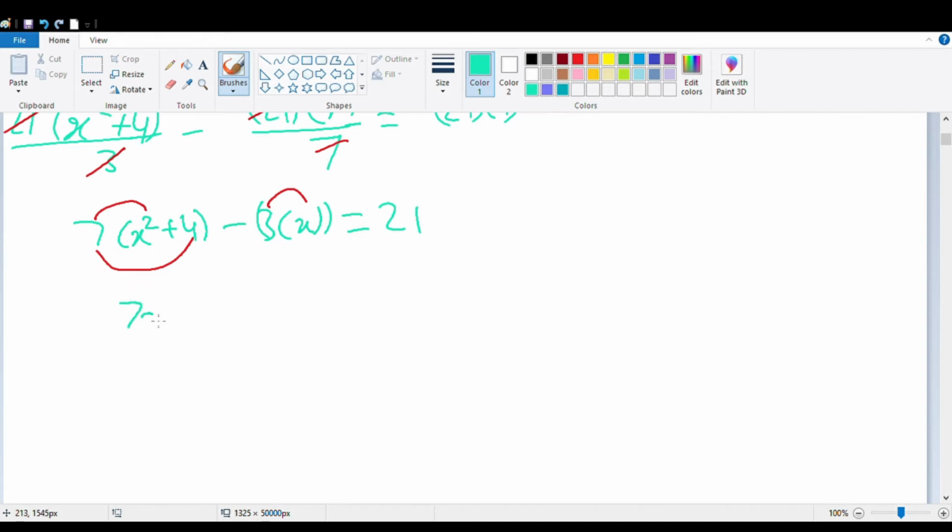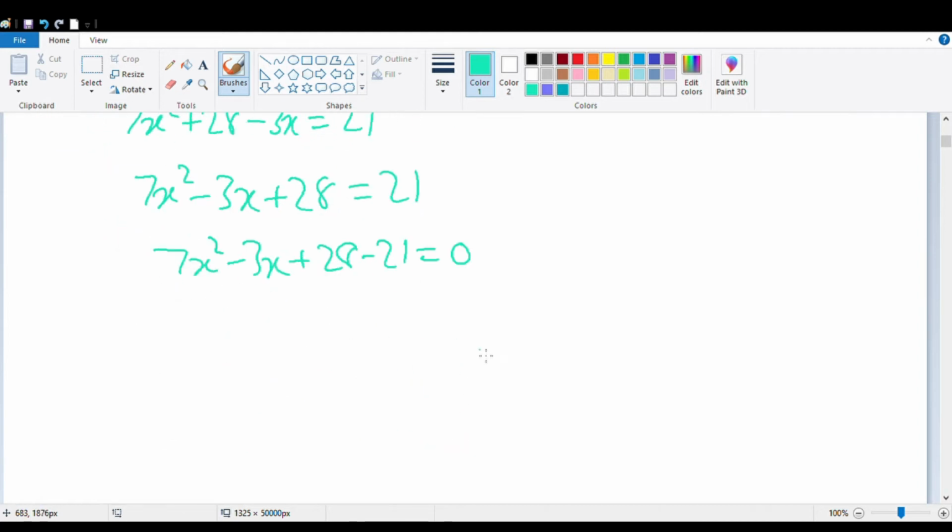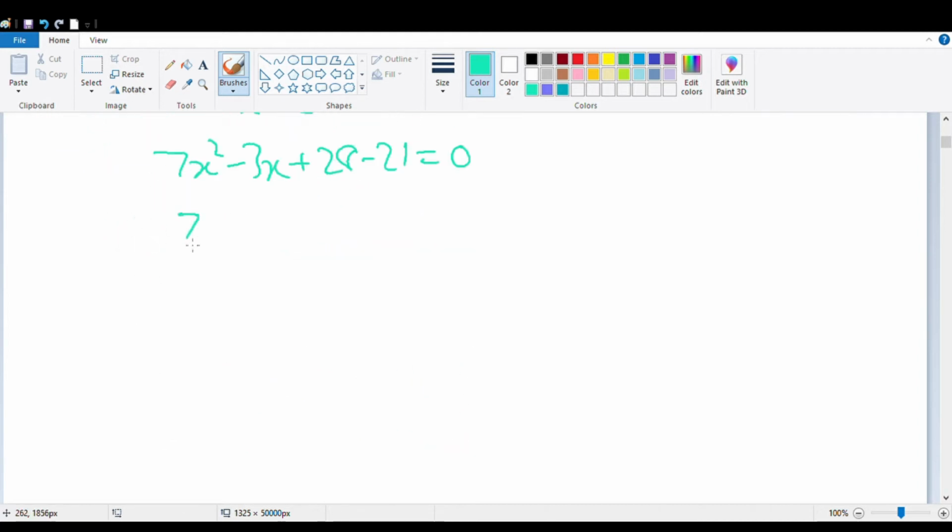So we get 7x squared plus 28 minus 3x is equal to 21. So let's rearrange this. We get 7x squared minus 3x plus 28 is equal to 21. Sending 21 to the left-hand side, we get 7x squared minus 3x plus 28 minus 21 is equal to 0. So 7x squared minus 3x plus 7 is equal to 0.